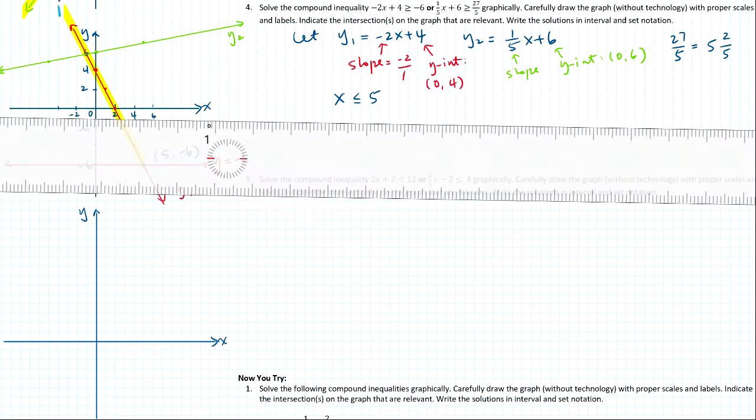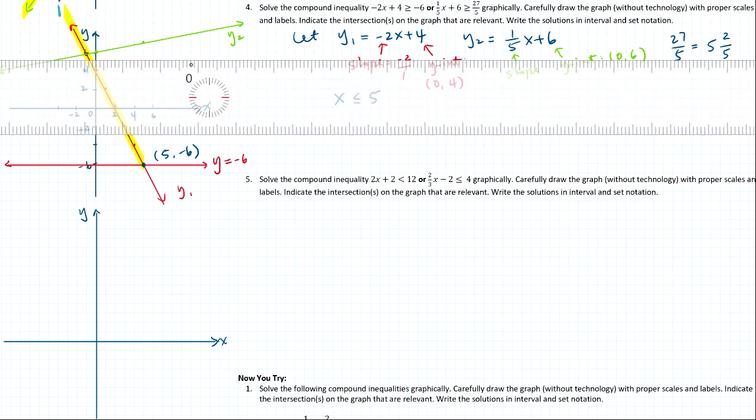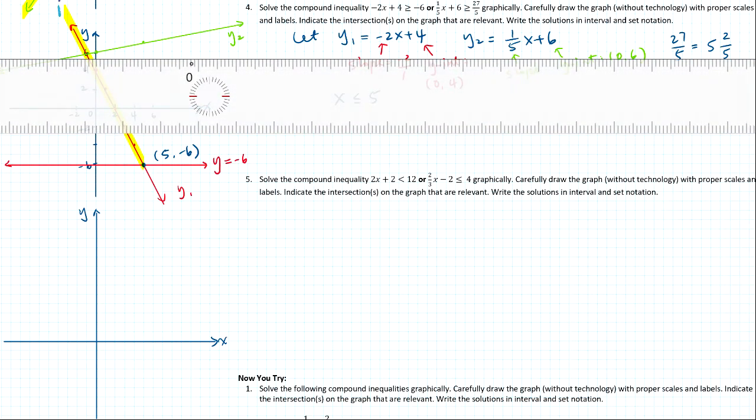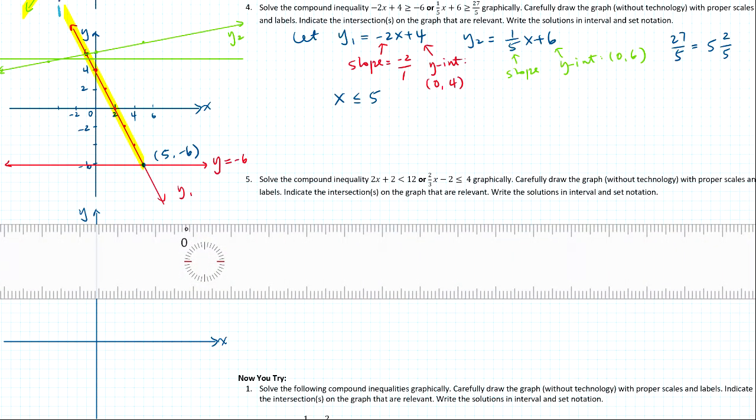And if we look at 5 2/5, it should be just below 5.5 over here. So it should be indicated by this line over here. And we can use a solid line over here because that restriction is inclusive. And if we look at it, 5 2/5 should be right over here with that intersection.